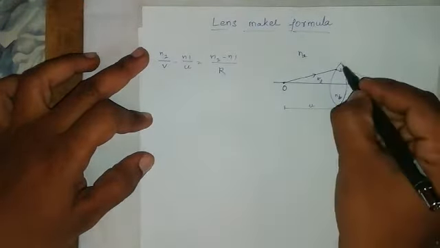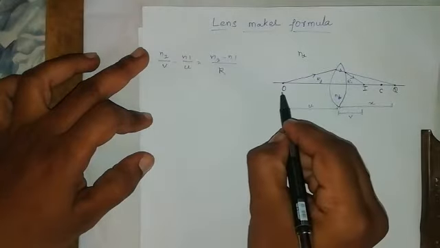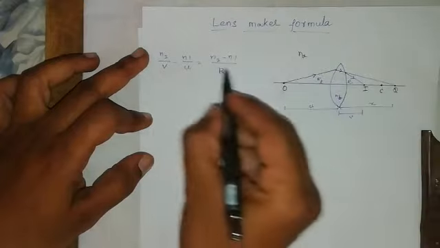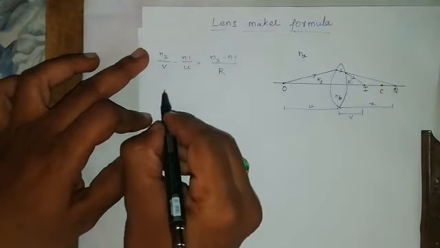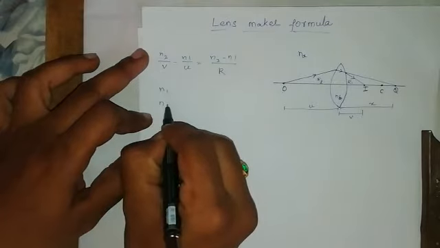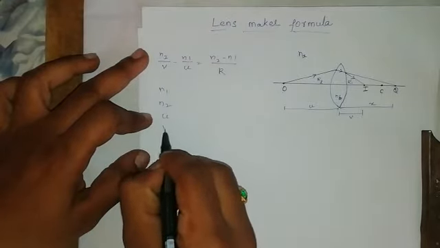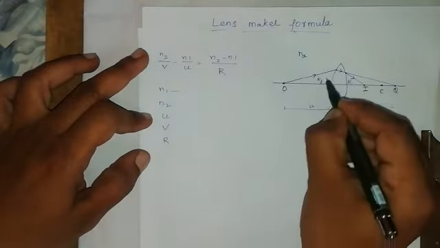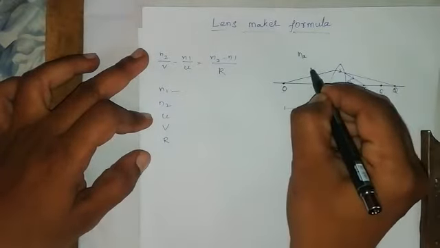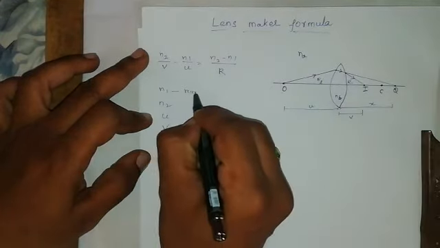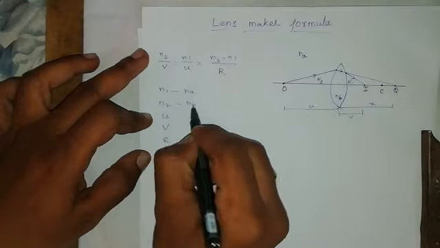Now for the first curved surface, this is the object and this is the image. Let me write these values: n1, n2, u, v and R, and then I can substitute in this. What is n1? For the first curved surface, this is the first medium and this is the second medium. So n1 is na and n2 is nb.